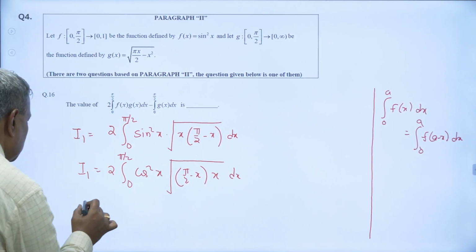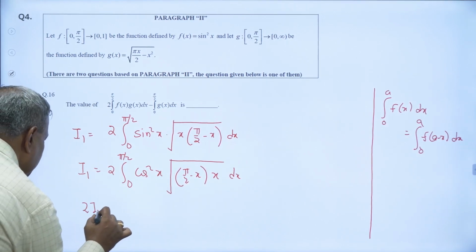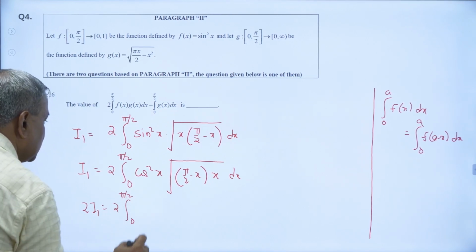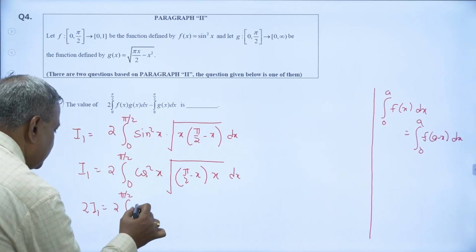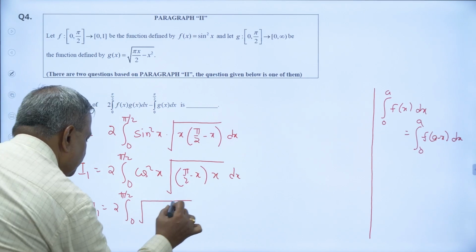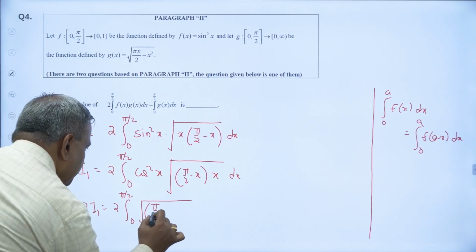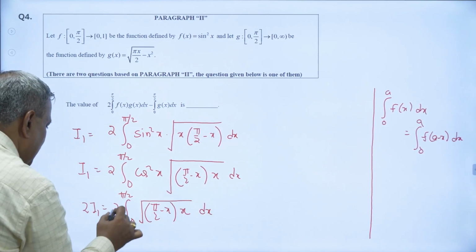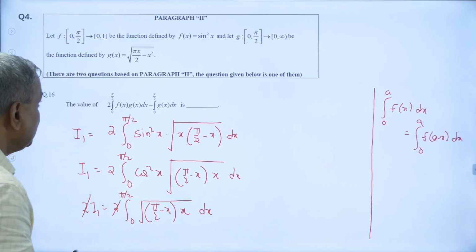We add both. So 2I1 is equal to 2 times integral 0 to pi by 2 of sine square plus cos square x, which becomes 1, into under root of pi by 2 minus x into x dx. The 2 and 2 cancel. But what is this actually?